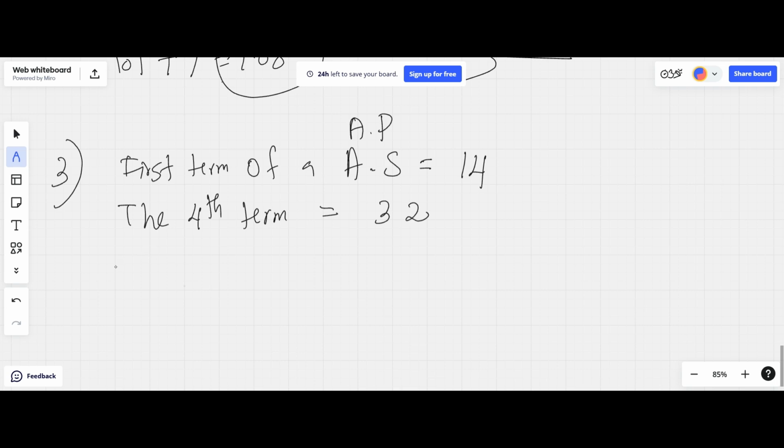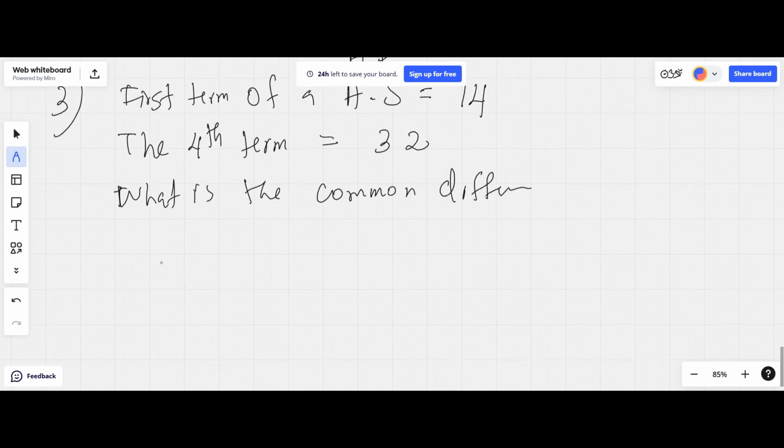Now they are asking in this sequence, what is the common difference? So basically it would be like this: first term is 14, second term we don't know, third term we don't know, fourth term it is 32.